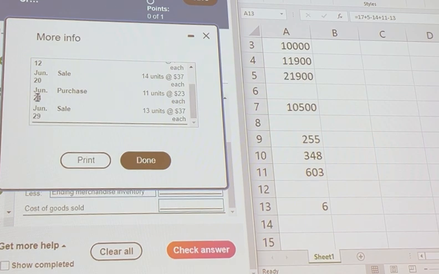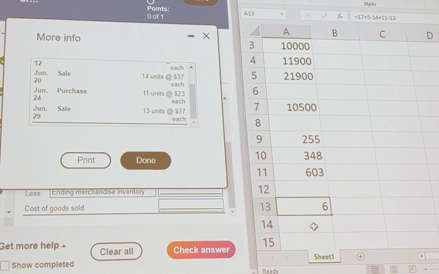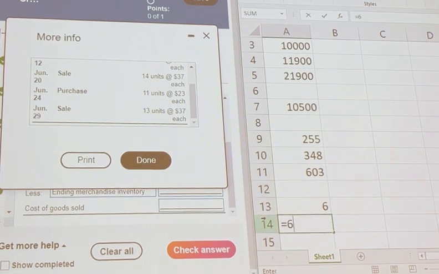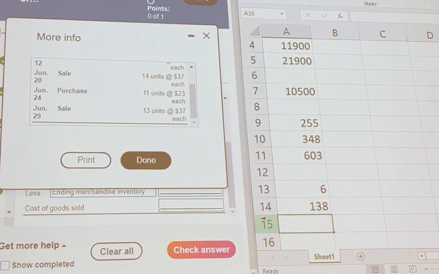So the newest ones are these ones that we purchased on June 24th. And we purchased 11 of them, so all 6 of them could be some of those. So 6 times the $23 that we paid for those that we purchased most recently. So that would be $138.